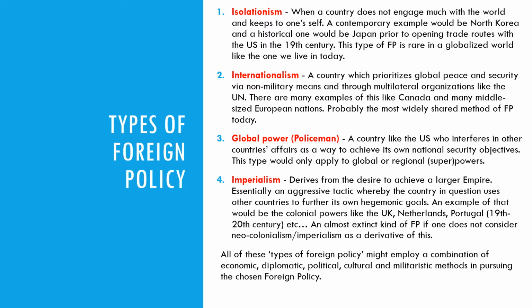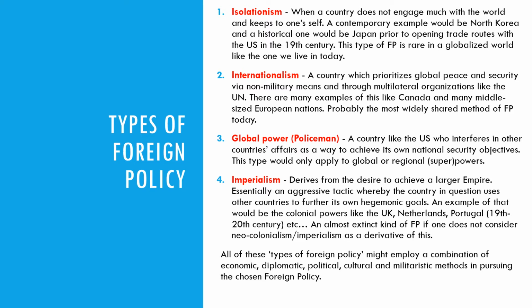Now, we might identify four main types of foreign policy. First and foremost, isolationism, when a country does not engage much in the world and keeps to itself. For example, North Korea nowadays, previously, let's say, Japan up to the 19th century.